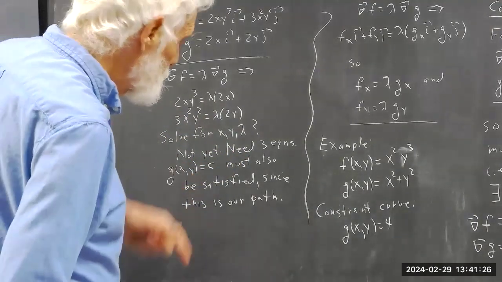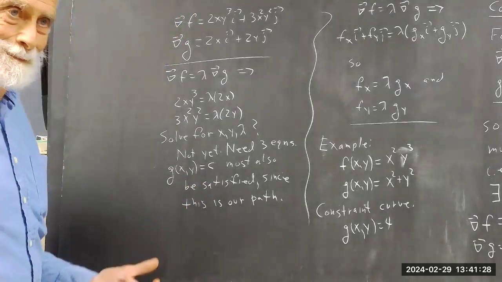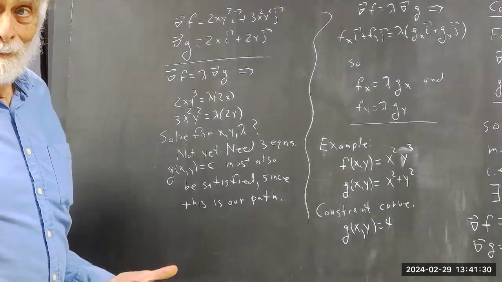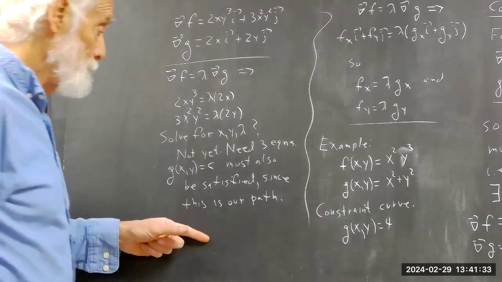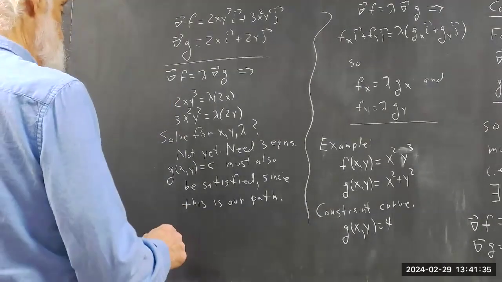If we don't have g of x, y equals c, we're not on the path. So it's perfectly valid to include that as an equation.